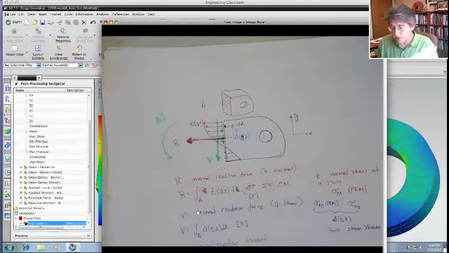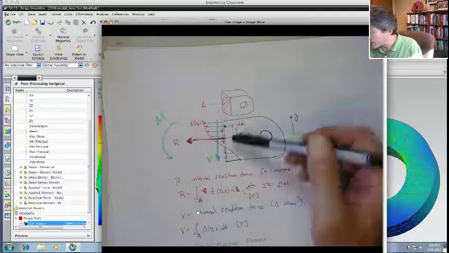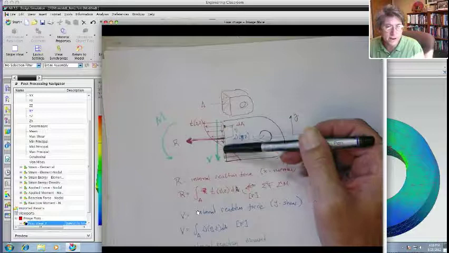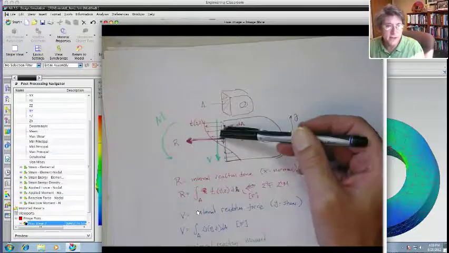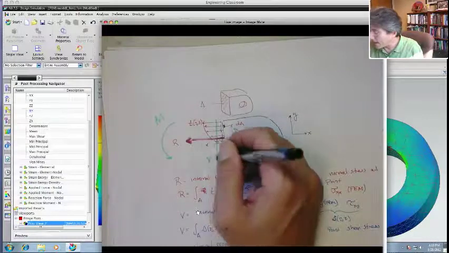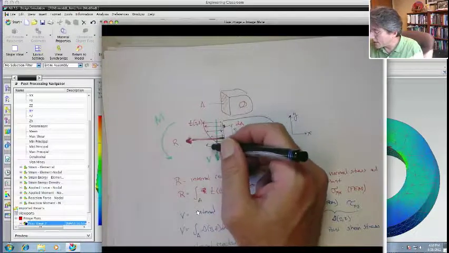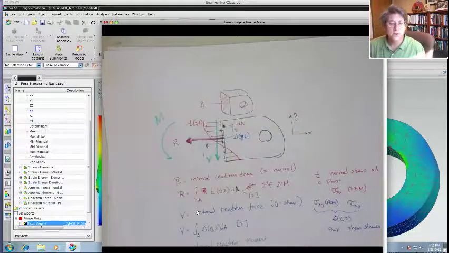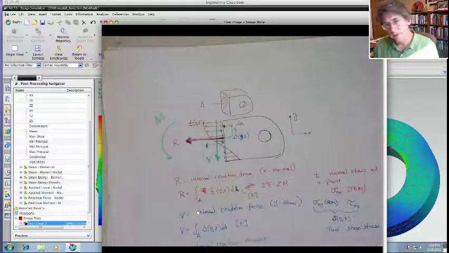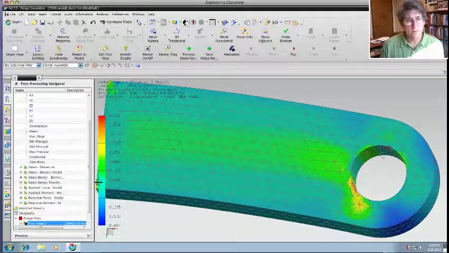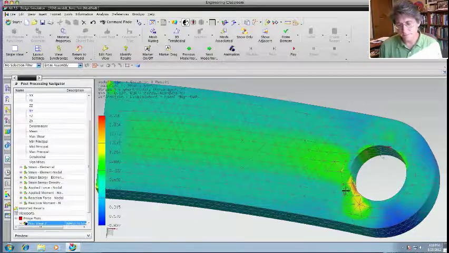Okay, so if you look at this and we integrate this function, you can see you have a little bit more positive area than negative area, right? So this actually will be a value R that's something like that. We divide by the area. This peak here will be less than that peak. So it gives you a less conservative value. All right. Again, you can look at the body and you can see here, we get maximum and minimum points that vary a little bit. Okay. We'll talk about that later.